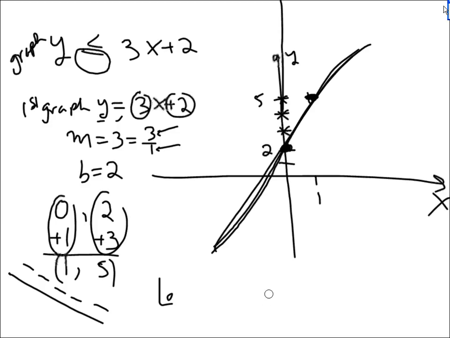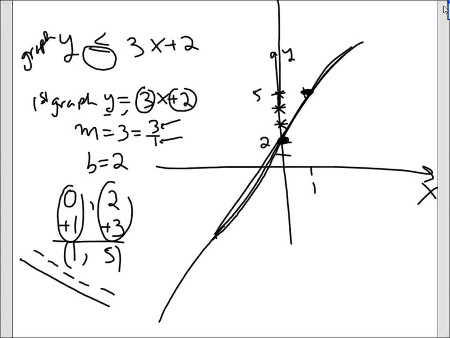Now I want to draw this line just a little bit longer. This line separated the whiteboard into 2 regions: above and to the left of the line, and below and to the right of the line.